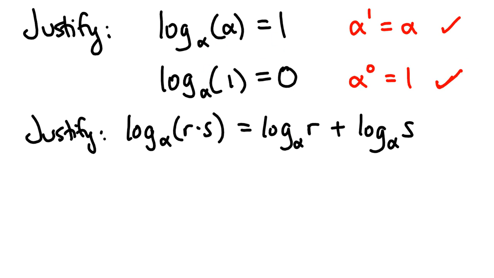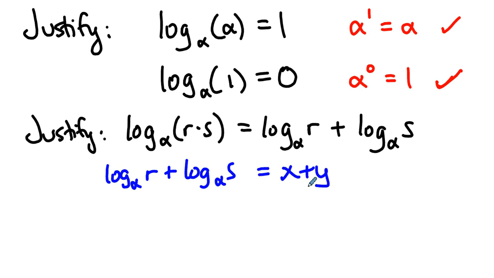This is a slightly more nuanced argument. So here's the way we do this. We start with the right side. And we say that this is equal to x plus y. Well, what does this mean? So this means that alpha to the x is r and alpha to the y is s, right?